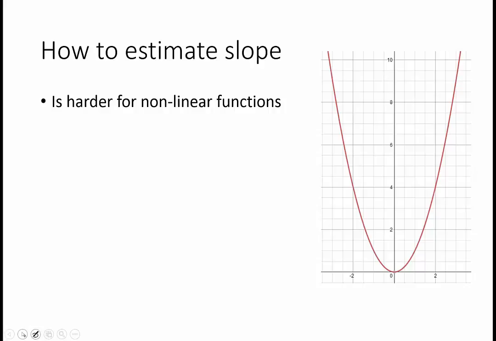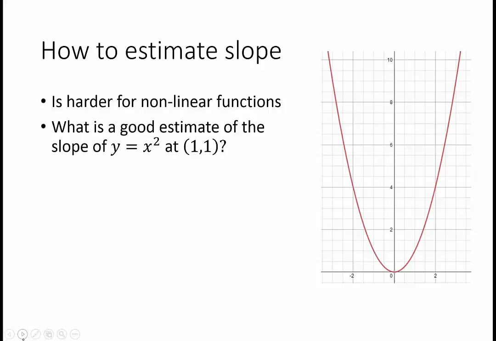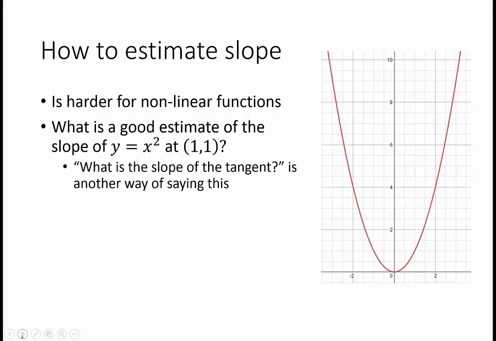So let's talk about what it means to find an estimate of slope in this situation. And for convenience's sake, we're going to look in particular at what is the slope at the point 1, 1. Now what we're saying here is that if I want to find the slope at 1, 1 and it's not a line, what I really want to do is find the slope of the line that's tangent to that curve at that point.